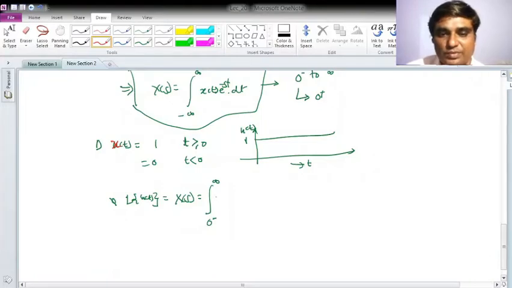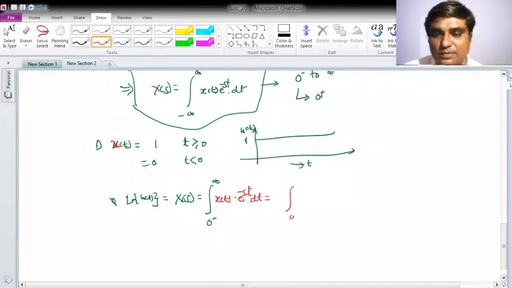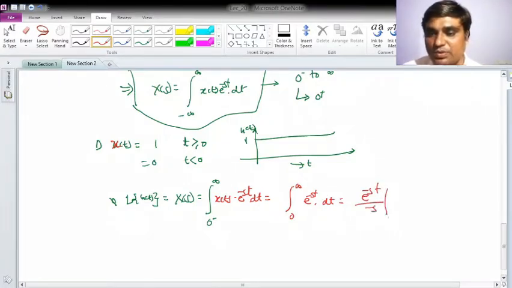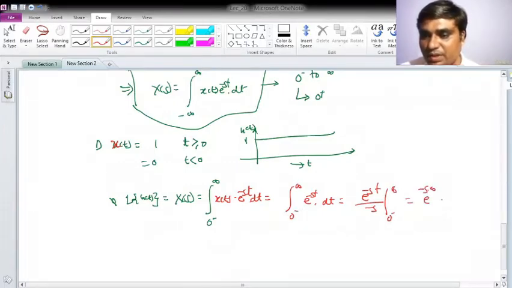So this is x of t into e raised to minus st dt, and if I solve, it will be the integral from 0 to infinity. Remember, I may use 0 negative or 0 according to my need. So the integration will be e raised to minus st upon minus s, from 0 negative to infinity. So it will be e raised to minus s into infinity minus e raised to minus s into 0, which is 1, divided by minus s.